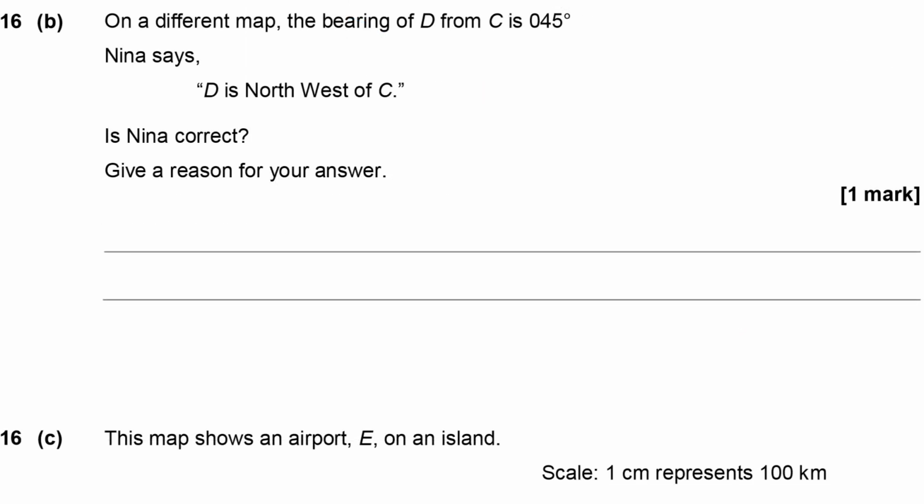16b. On a different map, the bearing of D from C is 45 degrees. Nina says D is northwest of C. Is Nina correct? Let's think about that bearing first.